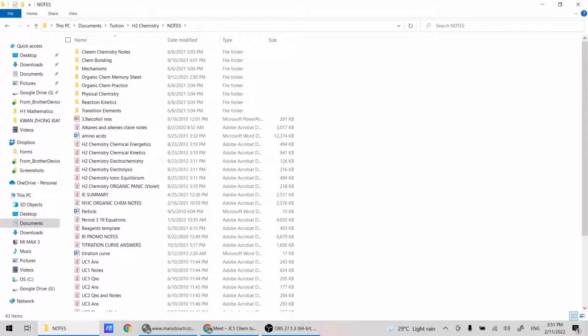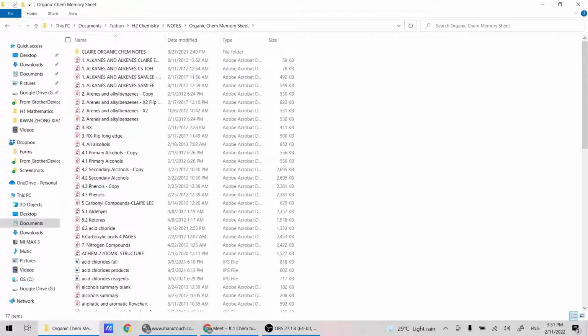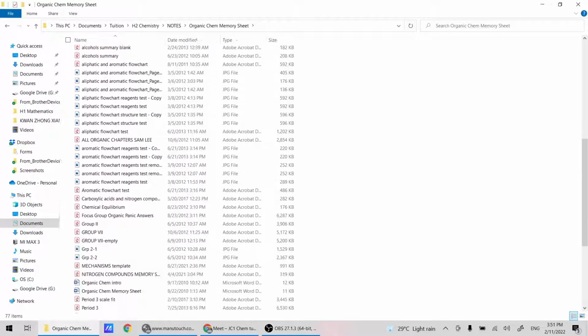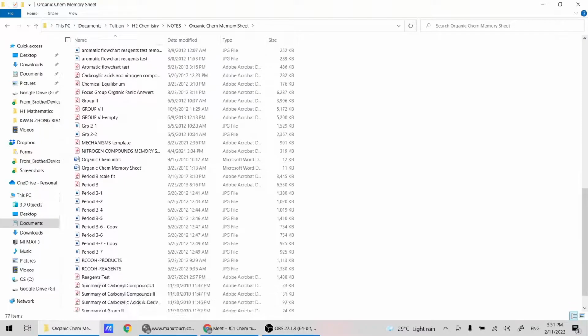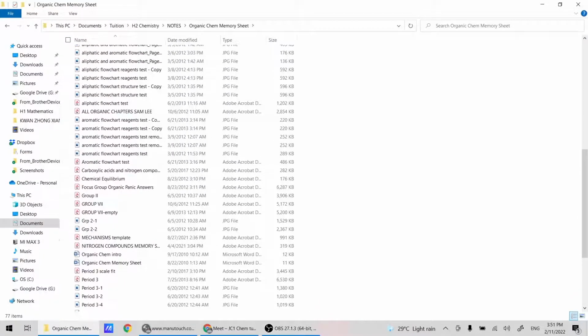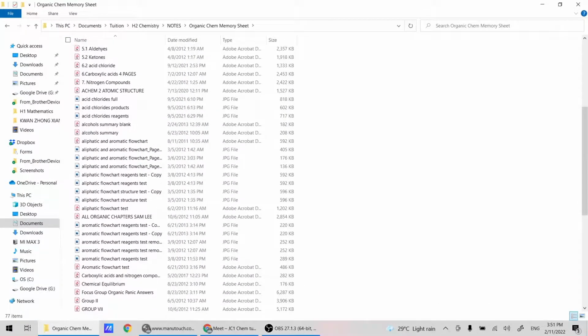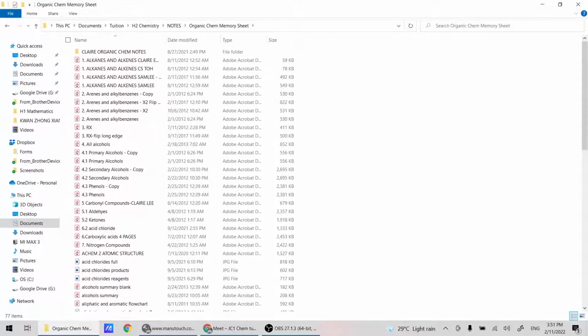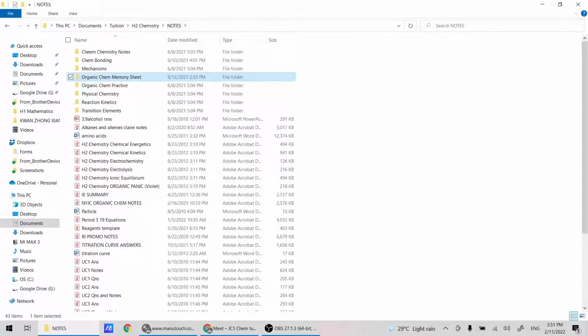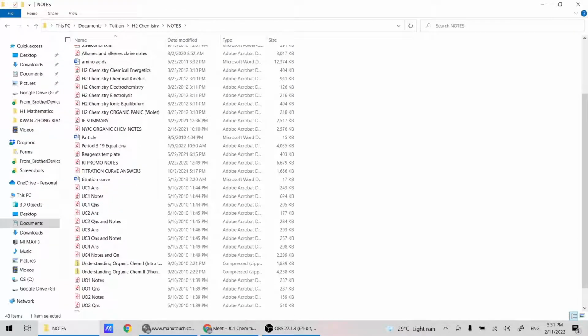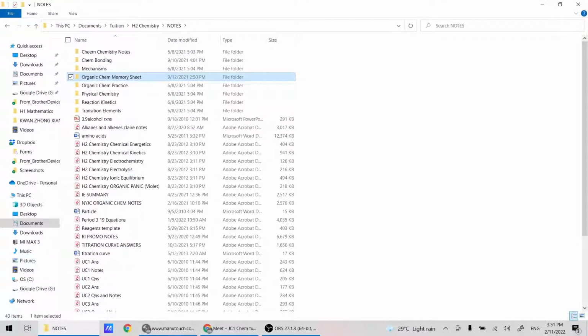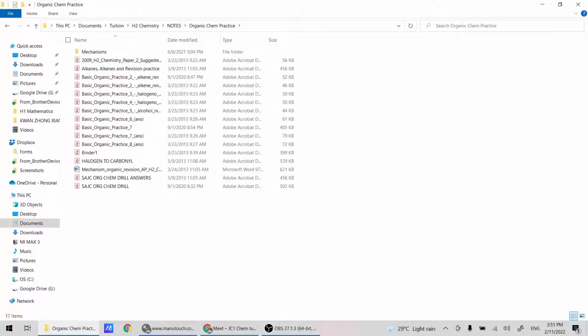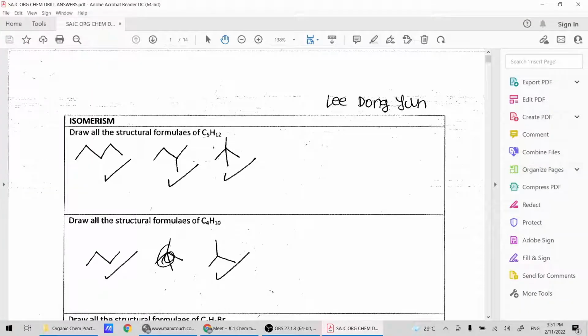Under organic chem memory sheet, it should be in, maybe it's not here. Probably organic chem practice could be in this folder here. Yes, over here. Okay, SAJC organic chem drill answers.